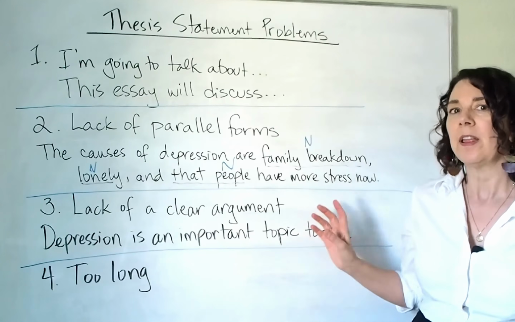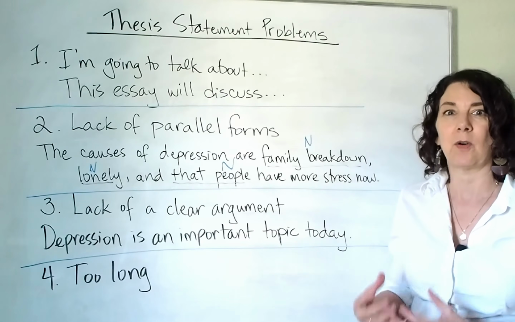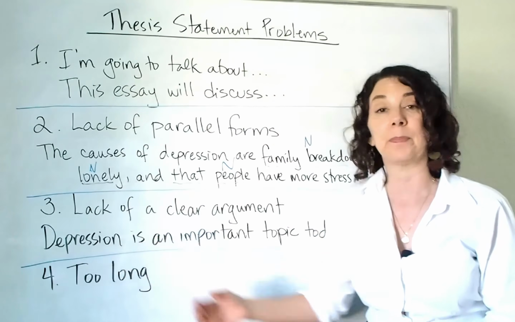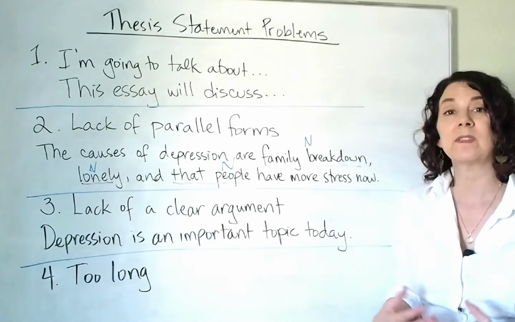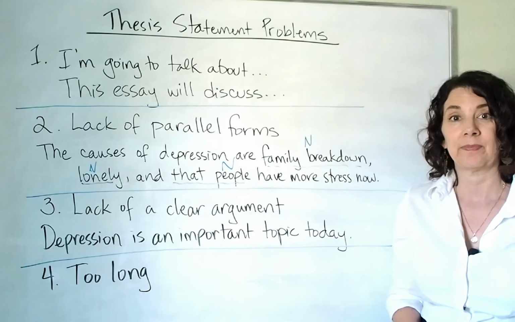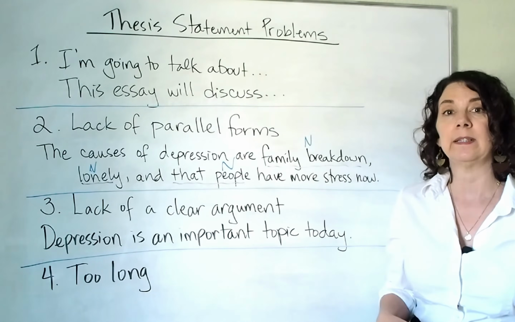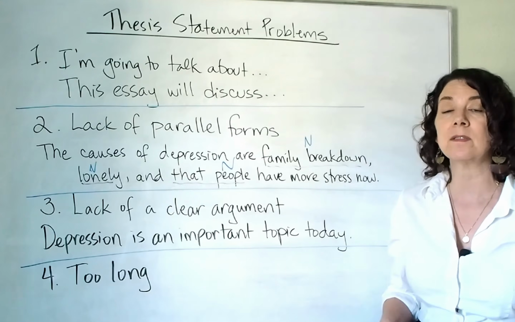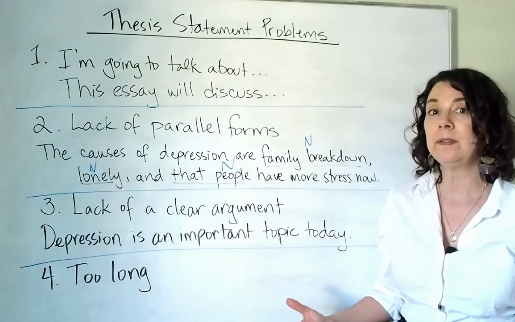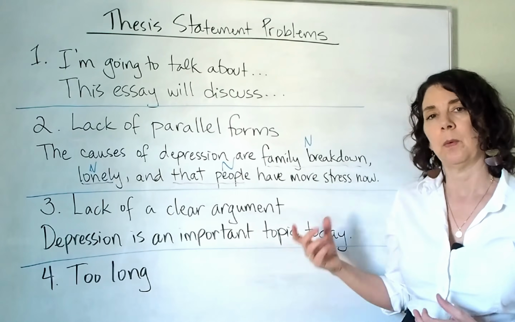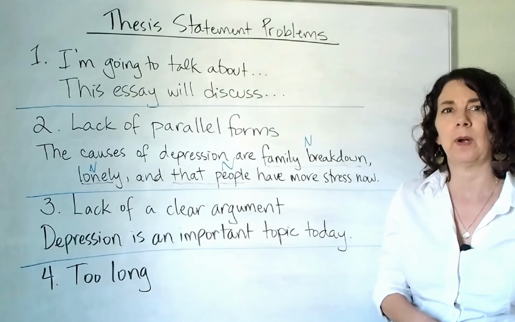So we need to think about, what is the essay going to discuss? It's going to discuss depression, but what about depression? What's the controlling idea? Is it that depression has some solutions? Is it the reasons that it is becoming more common? Is it the causes? Where does depression come from? What am I going to talk about depression?